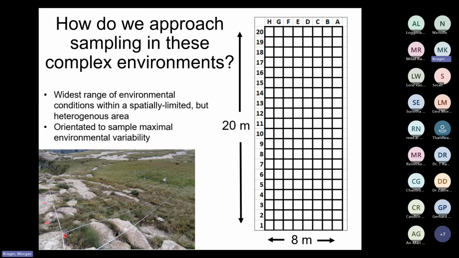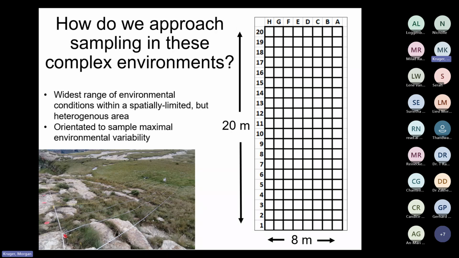More specifically, we had 8 fine-scale sampling grids, and each of these grids, as you can see from the slide, were 20 by 8 meters, comprising 160 one-meter-squared contiguous quadrats, and they were established and surveyed in different parts of Golden Gate Highlands National Park.